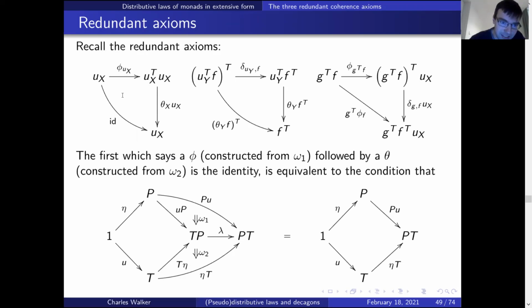This first axiom tells us that a phi, which if you remember from the start was constructed from some pasting of what I was calling omega 1, followed by a theta, which was constructed by some pasting from an omega 2, is an identity. Well, this is exactly this coherence axiom for a pseudo-distributive law, this redundant axiom.